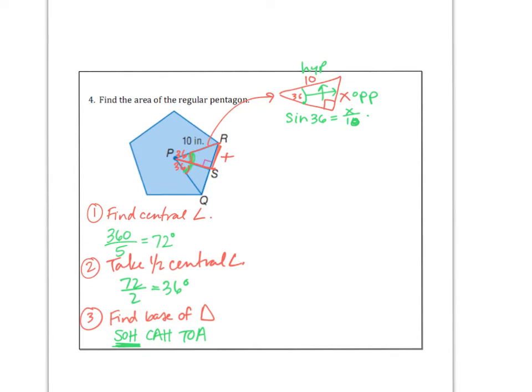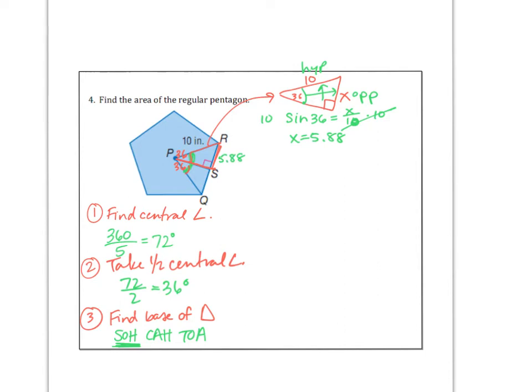Multiply both sides by 10. Those will cancel out. And then you need to take your calculator and type in 10 sine 36, and I believe you should get 5.88. So what we just figured out was this little distance right here from R to S is 5.88.